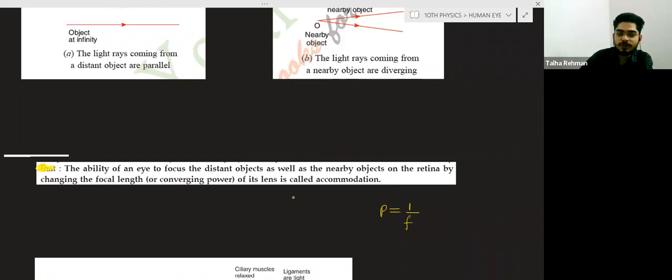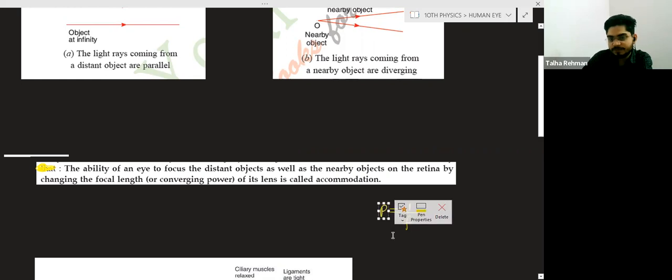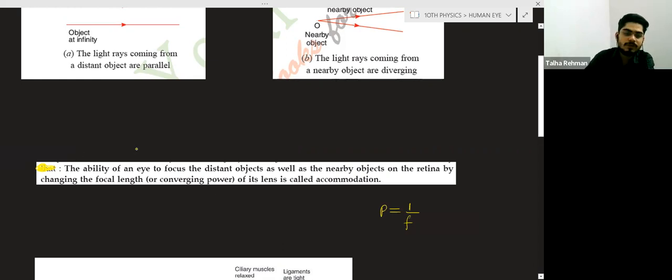If you increase the focal length, power will decrease. If you decrease the focal length, power will increase. So this is the power of accommodation.